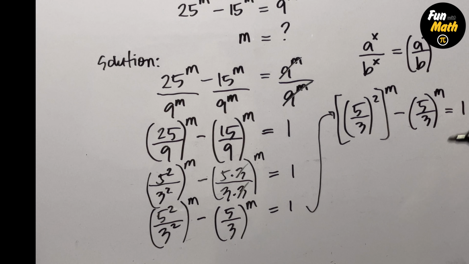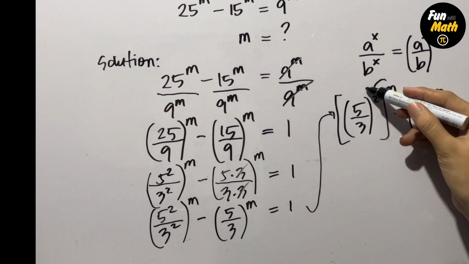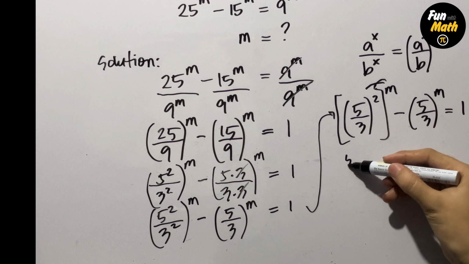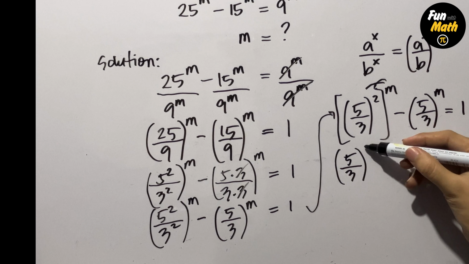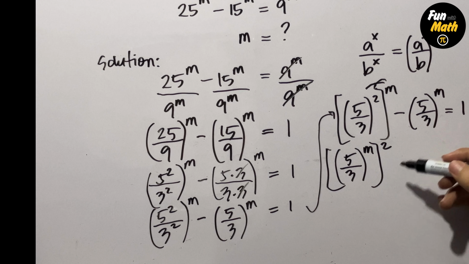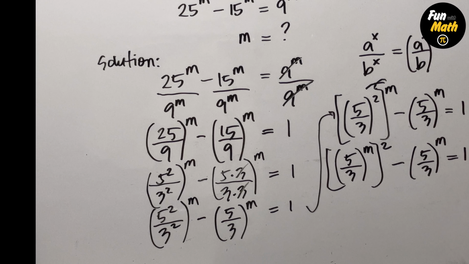Next, we are going to interchange the power. So this is 5 over 3 to the power of m whole to the power of 2 minus, just copy, 5 over 3 whole to the power of m is equal to 1.